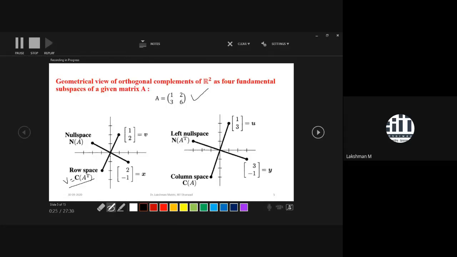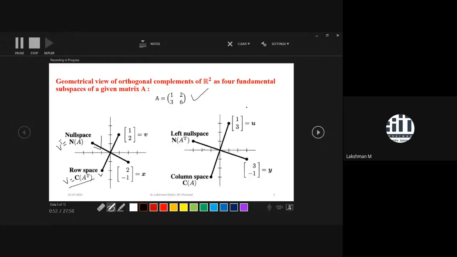The row space of A is a line, and the space perpendicular to it is such that any vector from it would be perpendicular to this line. That's why the null space of A, we call it V perp, the orthogonal complement of the row space.